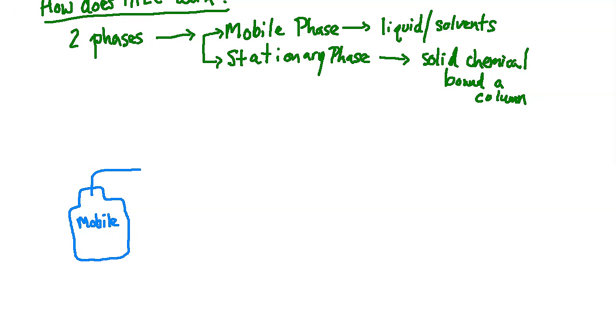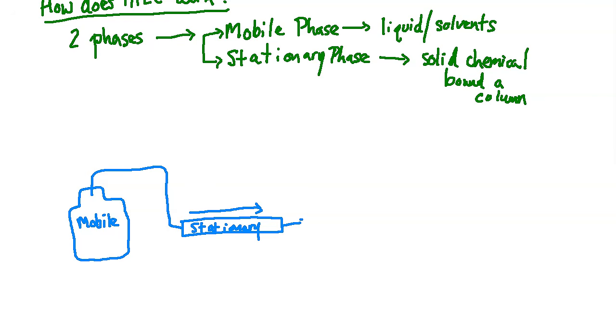All right, but in general, you're going to have your bottles filled with mobile phase, and the mobile phase is going to be connected into the HPLC. It'll go through the pumps. It also goes through something called a degasser, which we will talk about in a couple of minutes. But the idea is that eventually, along with your compound that is injected, it's going to find its way onto the stationary phase, which is your column. In the stationary phase, it's going to, as we described, travel along and separate out at different times.